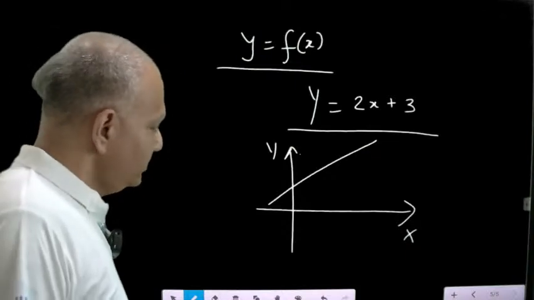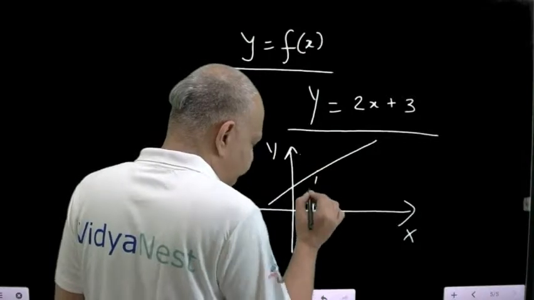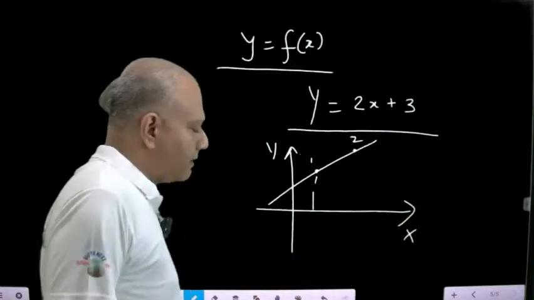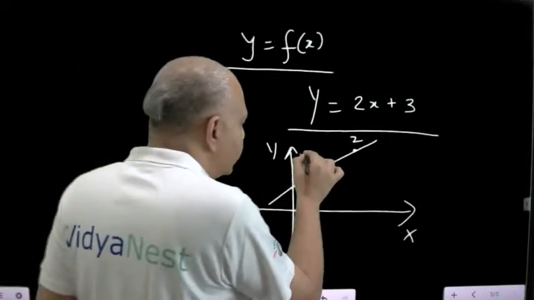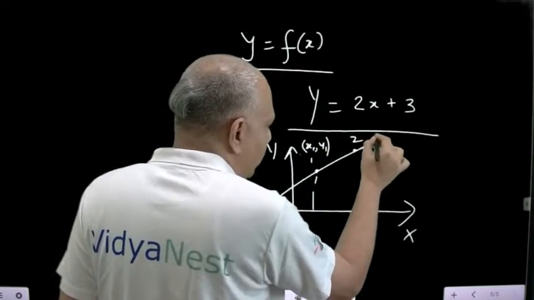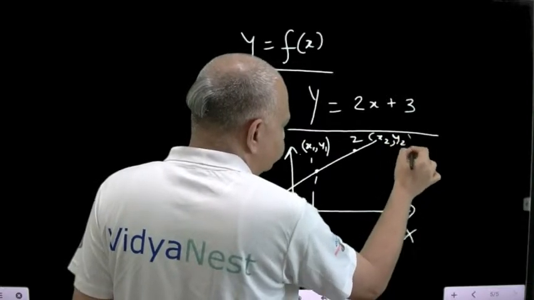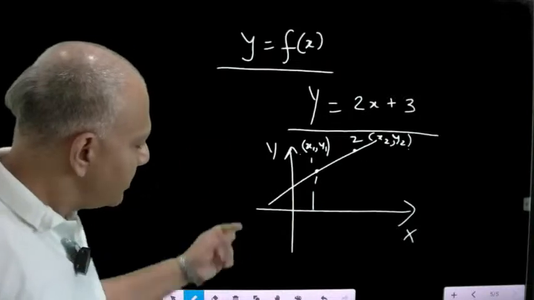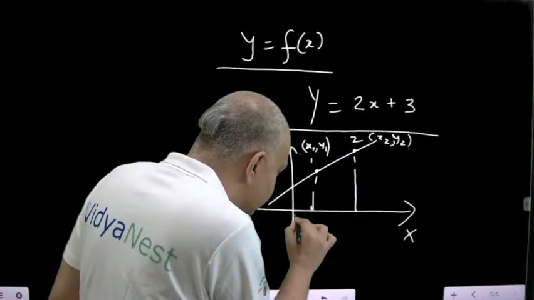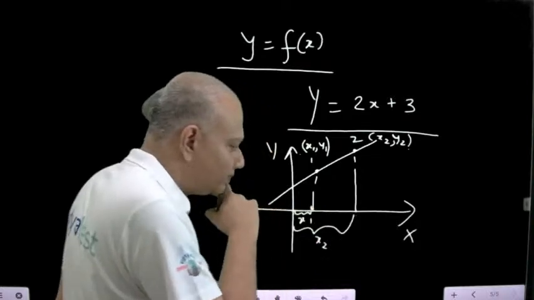Now suppose I take certain points. This is point 1, this is point 2. Point 1 has coordinates x1, y1. Point 2 has coordinates x2, y2. So this is x1, this is x2. What is the change of x?